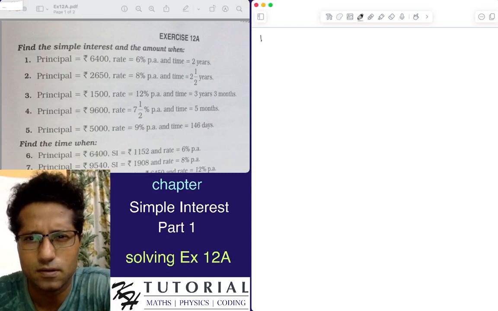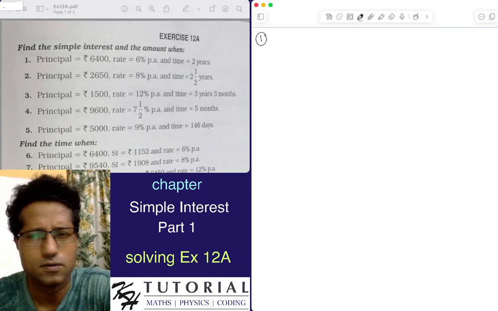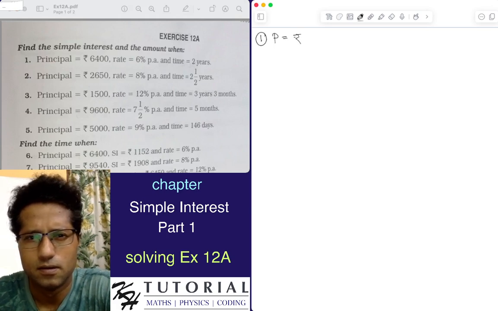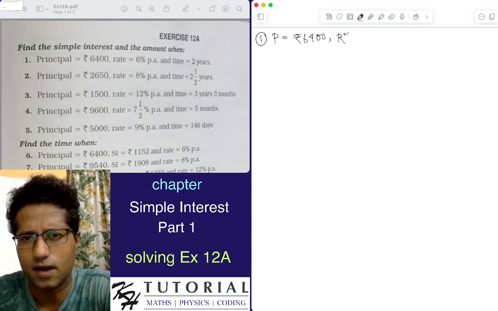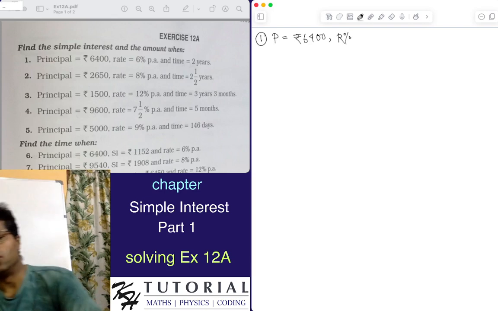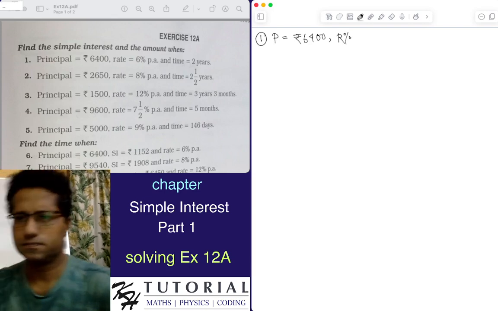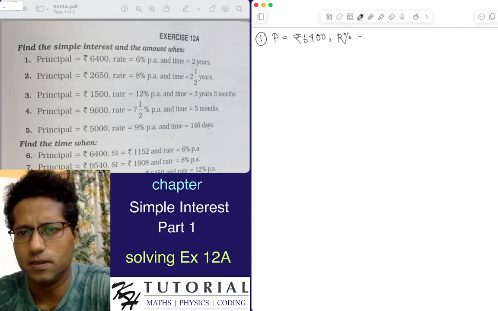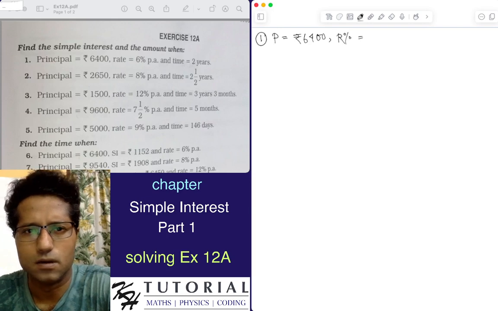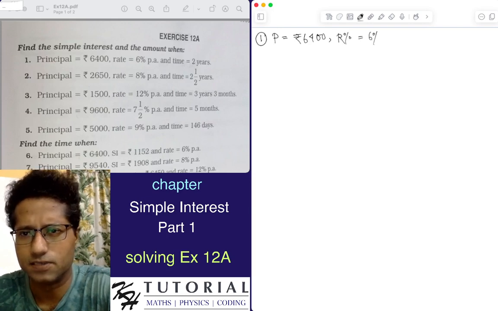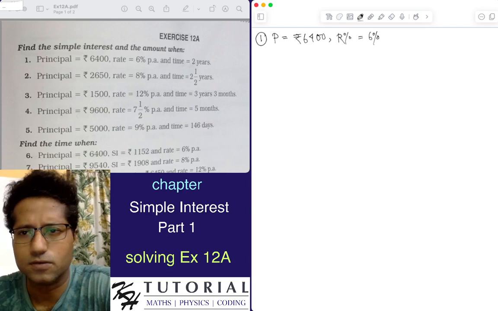I will not do all, I will do some selected. So principal P is given to be 6400. Rate percent, I am considering R, it will be easy to use the formula. So R percent is given to be 6, basically R equals 6. Time T is given to be 2 years.